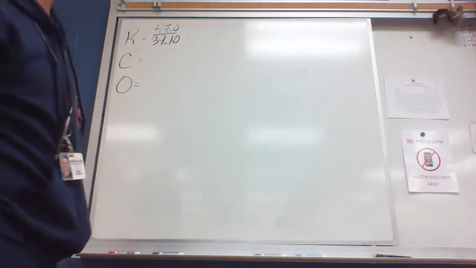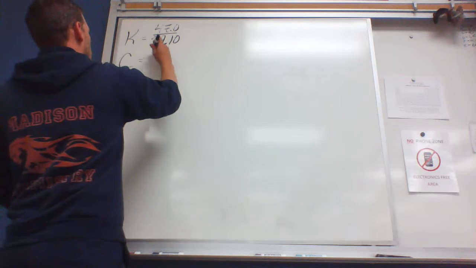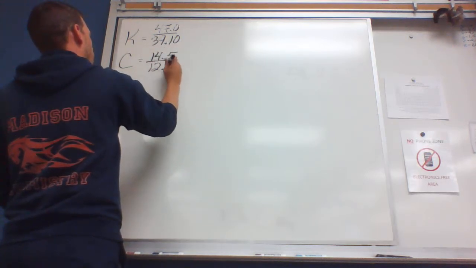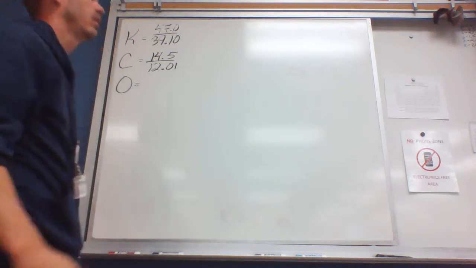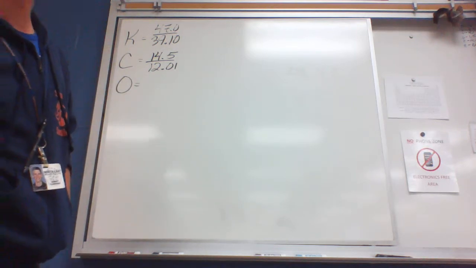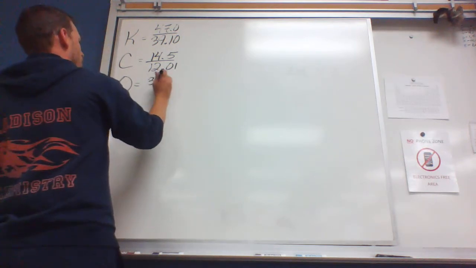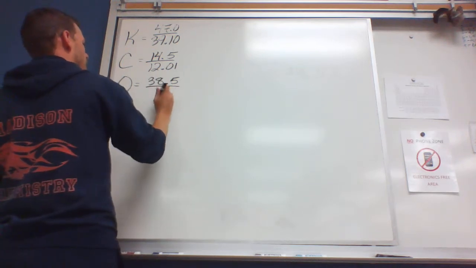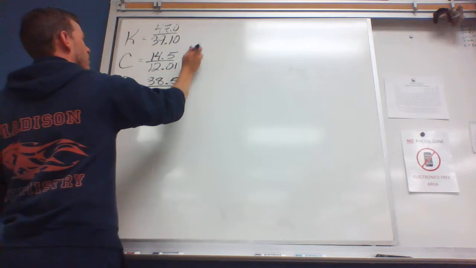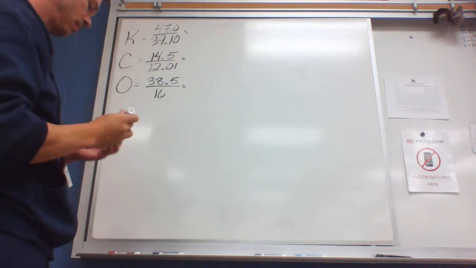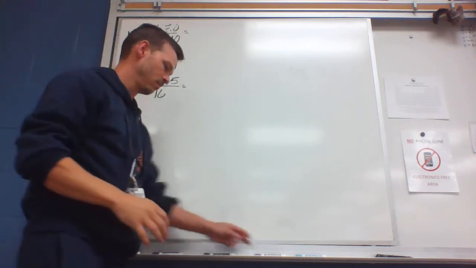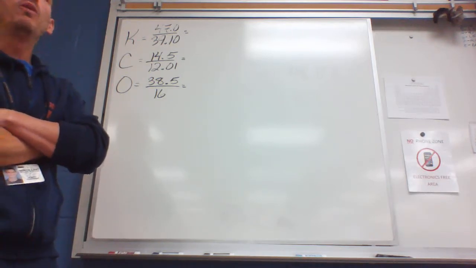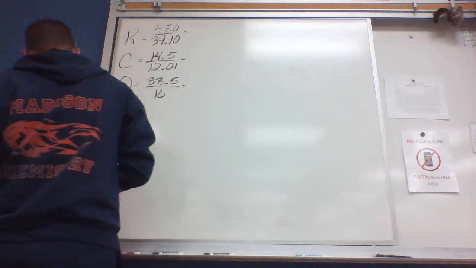We can set up the arithmetic for all of them. Carbon 14.5 divided by 12.01. And then oxygen 38.5 divided by 16. We'll find these values together.